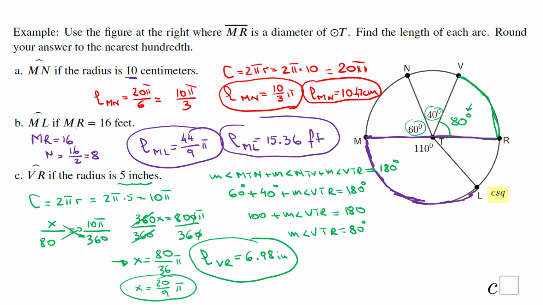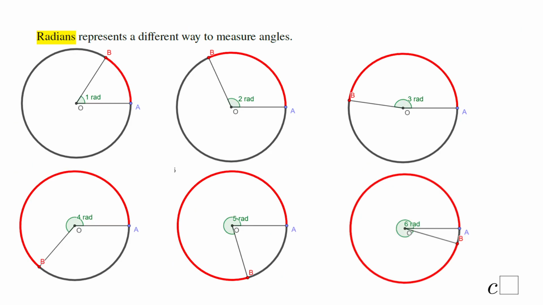And that is this example where we have a different radius from a different problem. Next we move to what we call radians. A radian is a different way to measure angles. Yes, we have degrees, but also we have radians. And the idea comes from this.